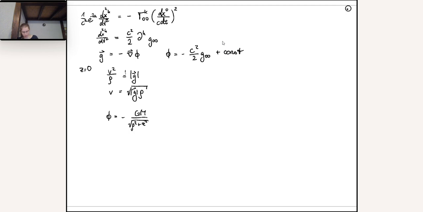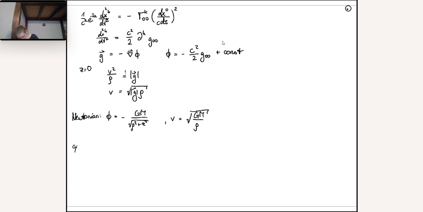And from this, we find that our rotational velocity is the square root of GM over rho. This is why Newtonian gravity is not able to explain flat rotation curves, because we find this 1 over square root rho in the rotational velocity. So that's for Newtonian.